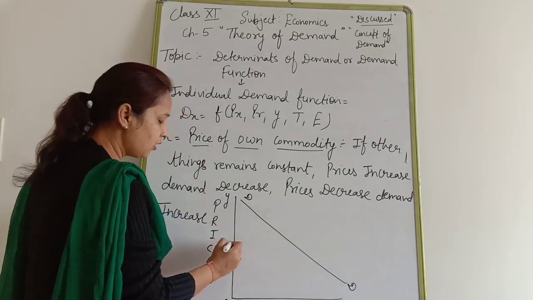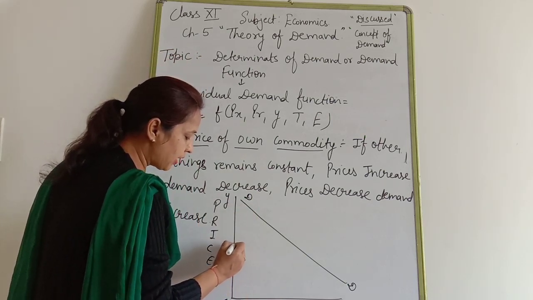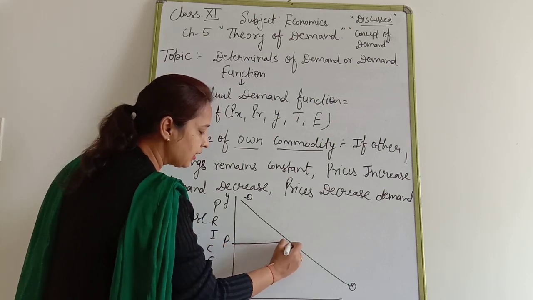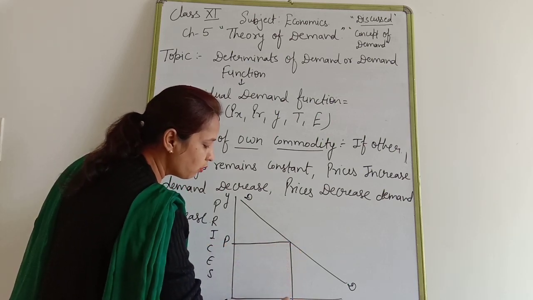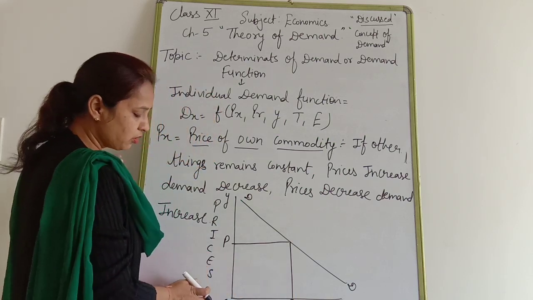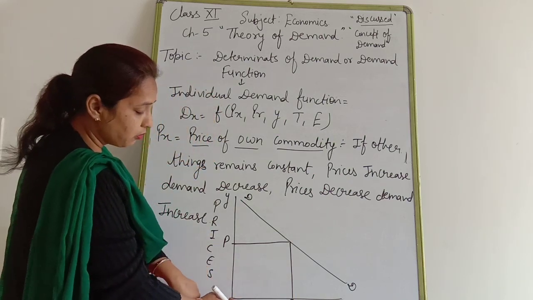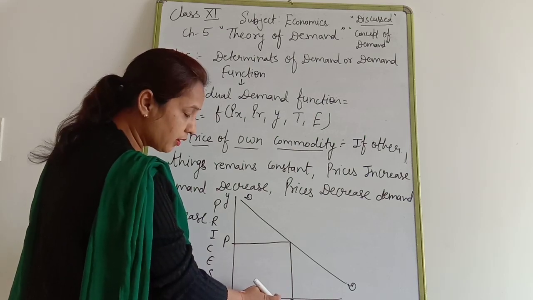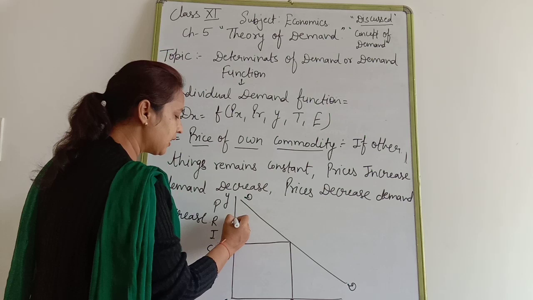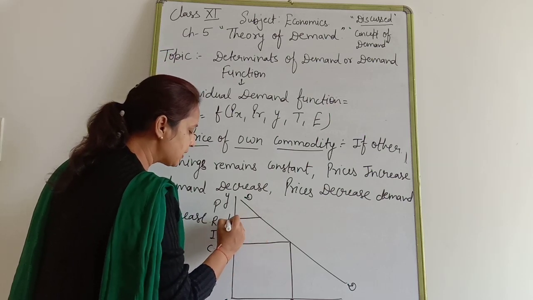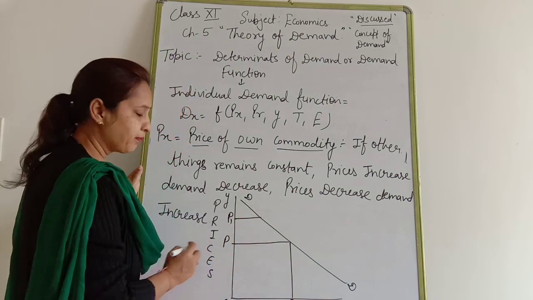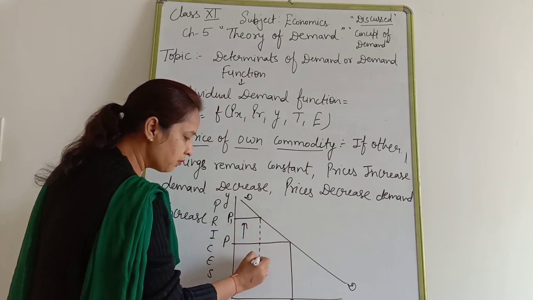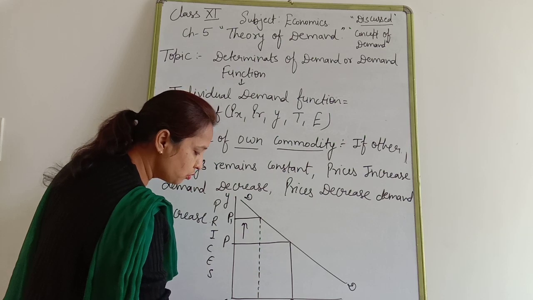Suppose there is an OP price in the market, then quantity demanded will be OQ. Price of the commodity is OP, so an individual consumer is going to demand OQ quantity in the market. If price increases, suppose till OP1, then he is going to demand OQ1 quantity.